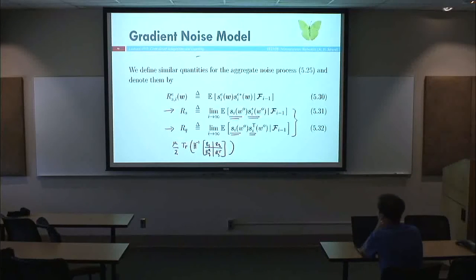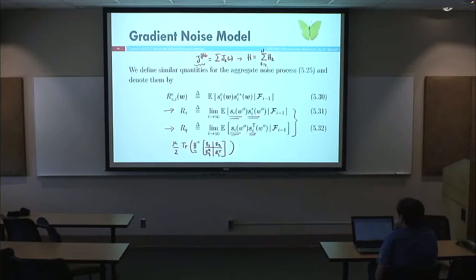Because J, the aggregate cost, is the sum of the individual costs, the H, which is the Hessian of this at omega 0, will be the sum of the individual H's, the individual Hessian matrices at omega 0. So this H here I know. So you can see right away that this expression is tending to be something like this. Sorry, trace.